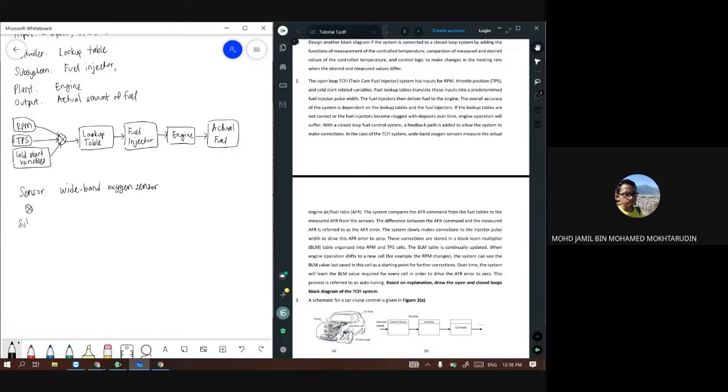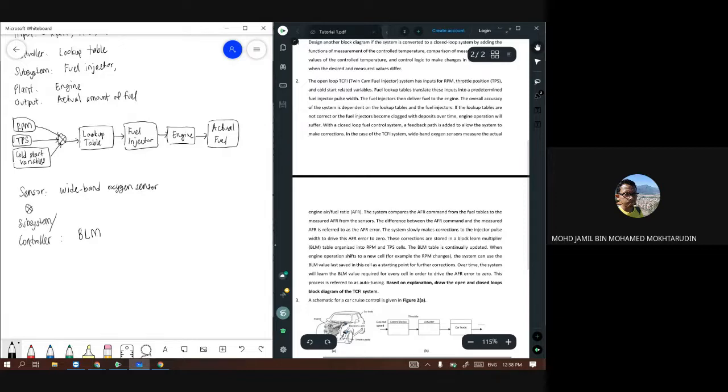So it is another subsystem or controller. We call it BLM, block learn multiplier. And then when engine operation shifts to a new cell, the system can use the BLM value last saved in this cell as a starting point.